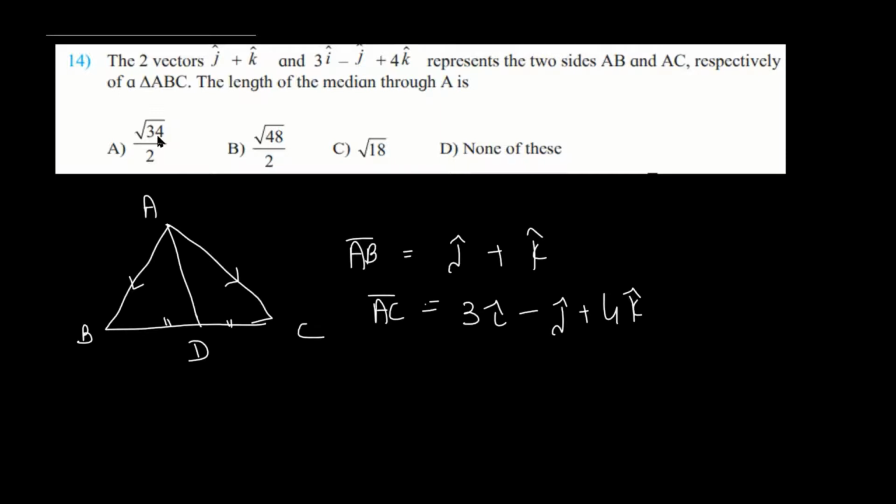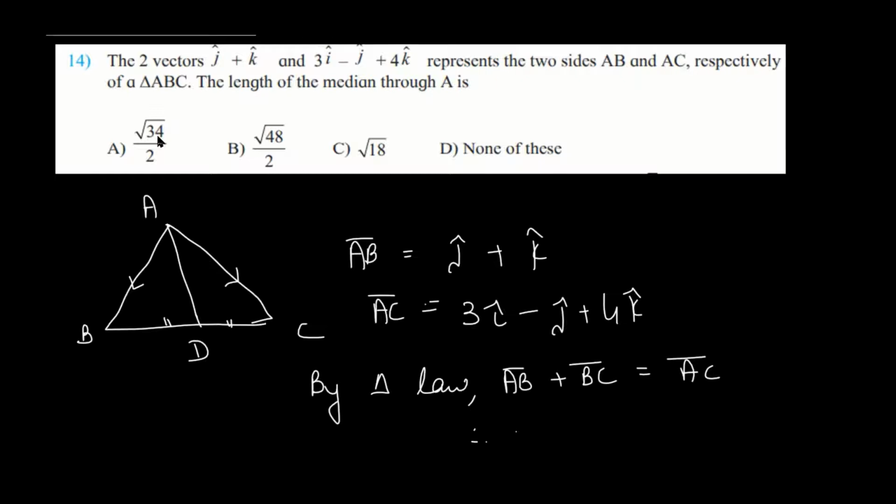In this case, by triangle law in triangle ABC, we have AB plus BC is equal to AC. Now we know the value for AB and AC, we do not know what is BC.